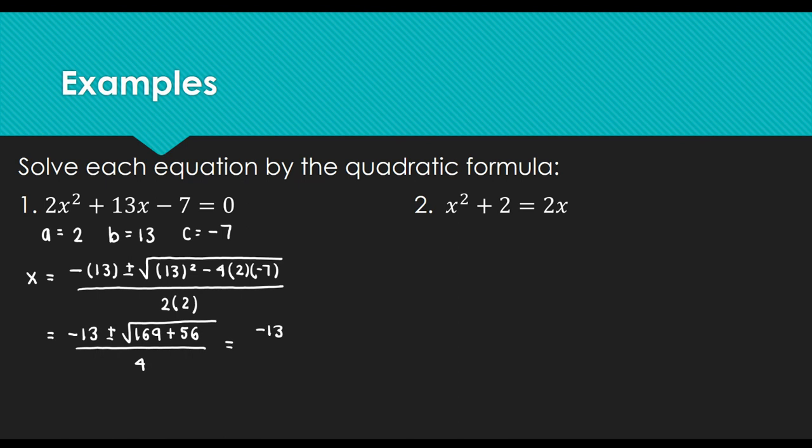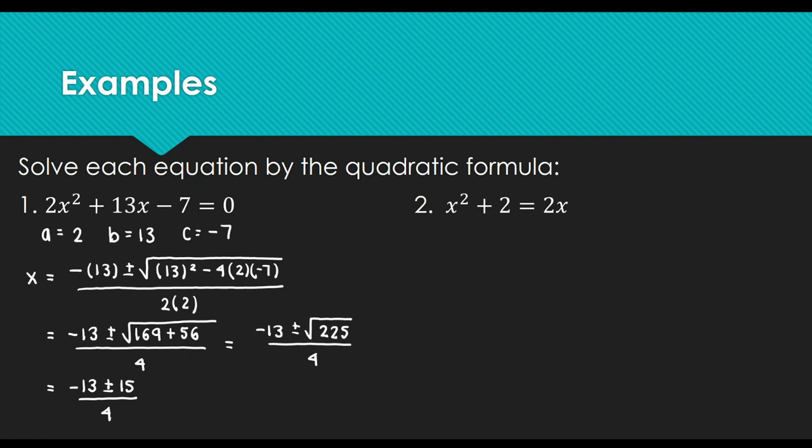If I continue to simplify, notice that if I add the numbers under the radical, 169 plus 56 is going to give us 225. Still all over 4. So the nice thing about this is that 225 is a perfect square. So we'll have -13 plus or minus the square root of 225, which is 15.